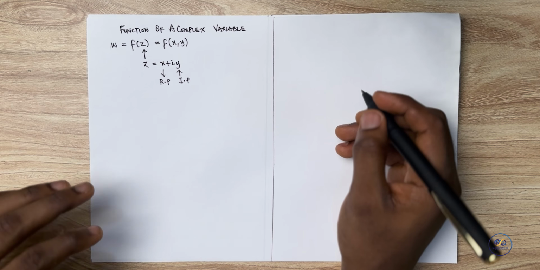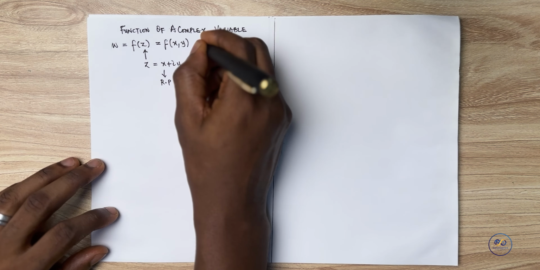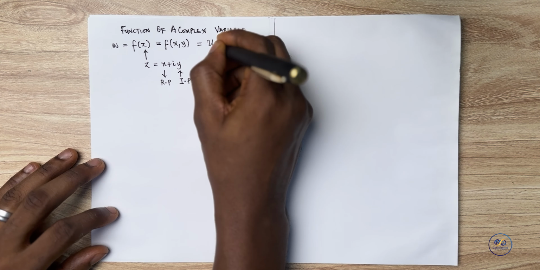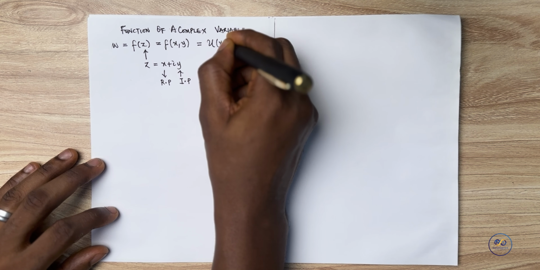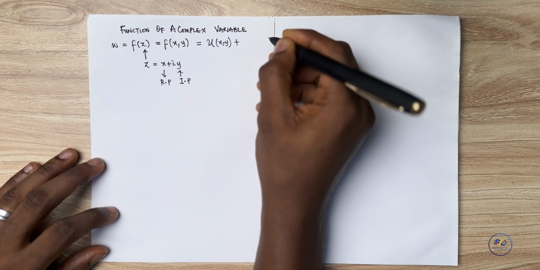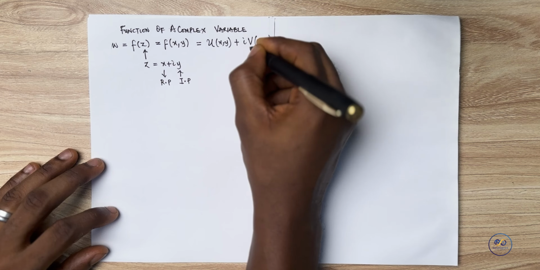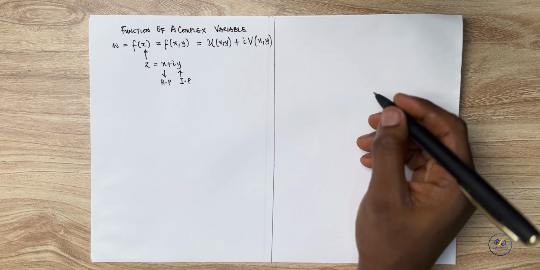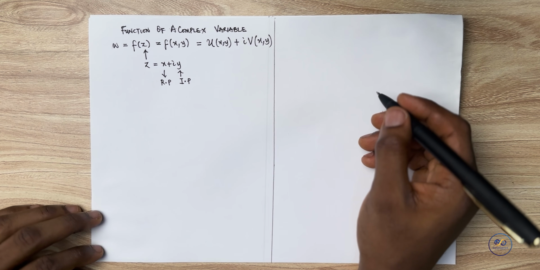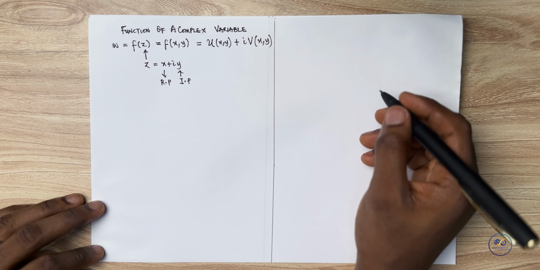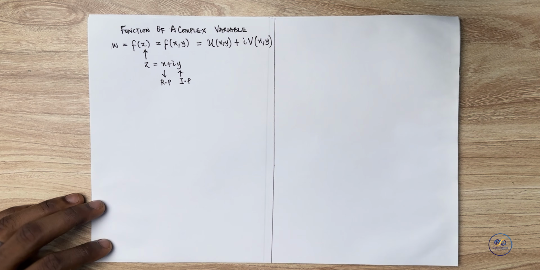Now, this function of a complex variable can also be written with a real part of the function and an imaginary part of the function, hence written u and v. So this is very important to keep in mind. Now, a good example of a function like this is a simple function.